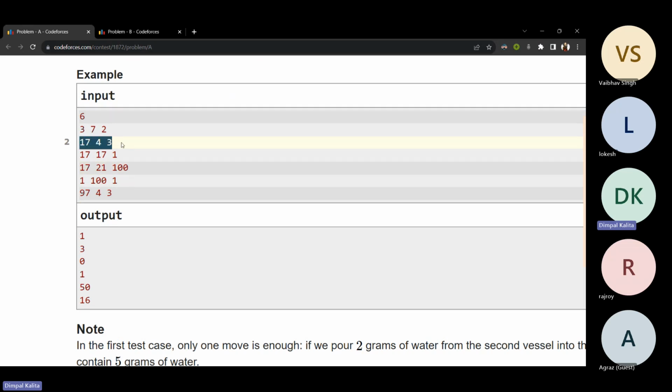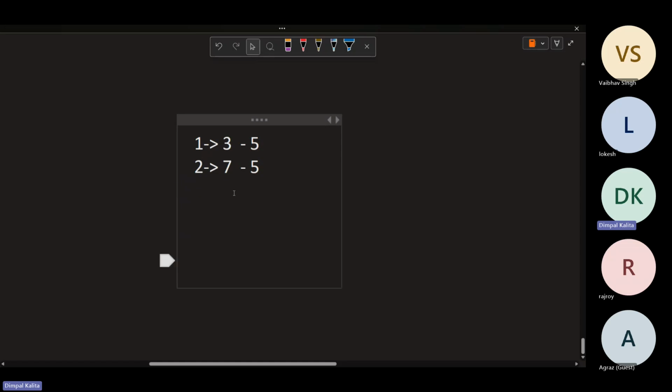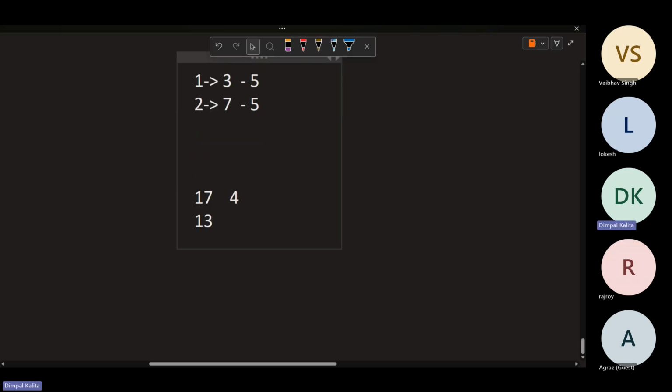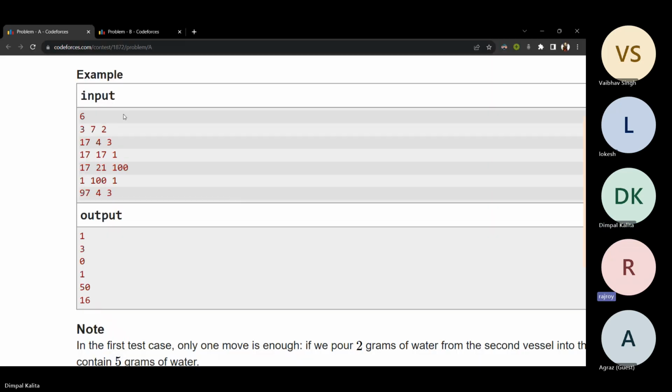Let's look at the second test case also. You can see that we can just transfer 3 grams of water 3 times from this vessel to this vessel. At the beginning it is 17 and 4. After transferring the first time, it will become 14 and 7.